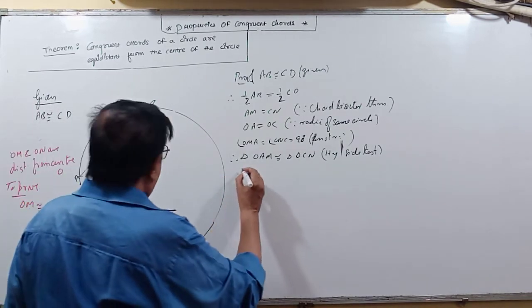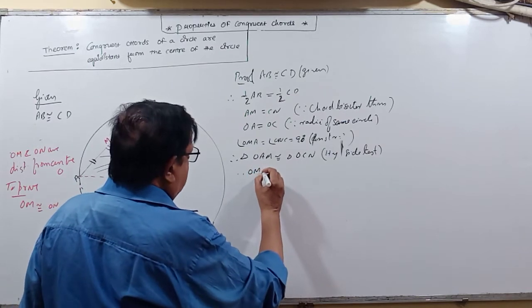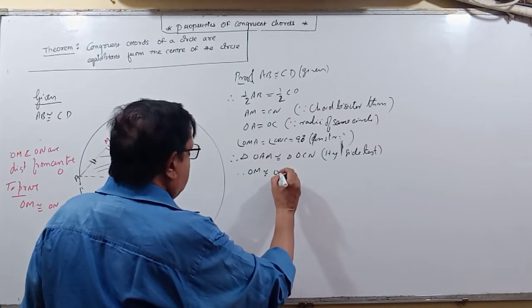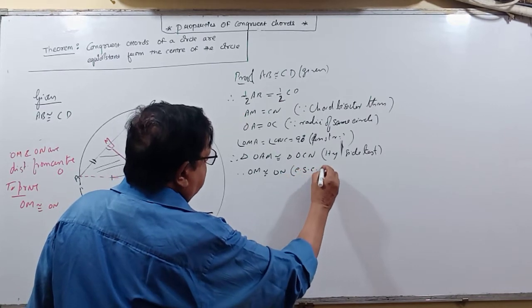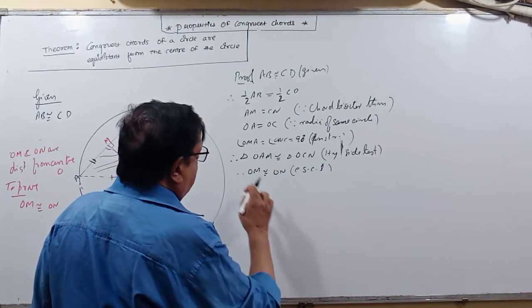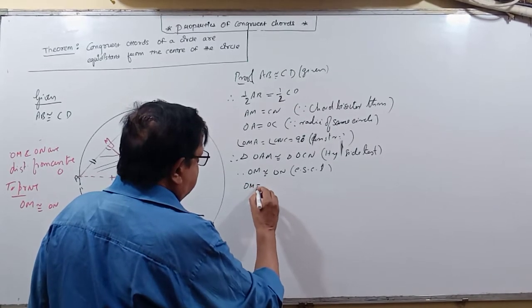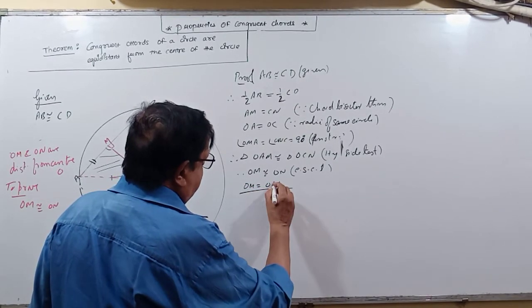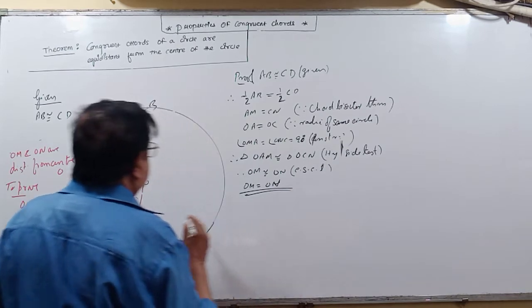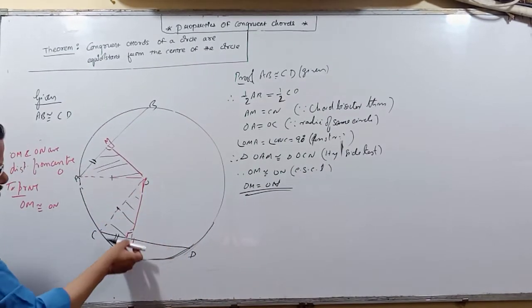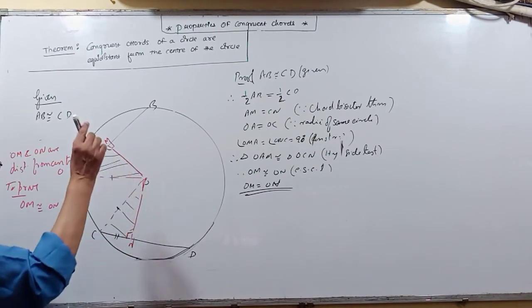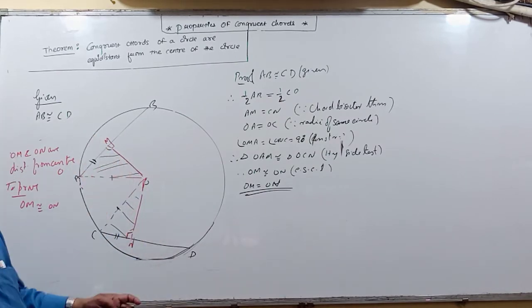Therefore, OM congruent to ON, corresponding sides of congruent triangles. OM equal to ON. That is, distance of this chord from the center equal to distance of this chord from the center. So, we have proved that equal chords are equidistant from the center.